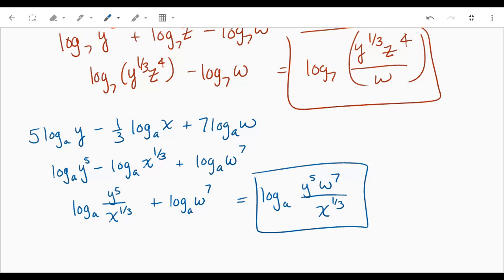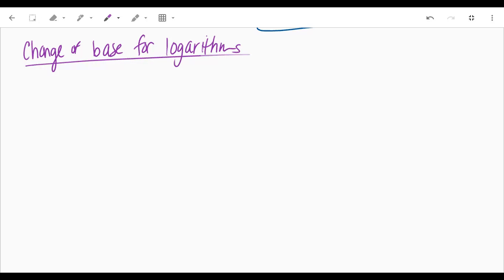Okay, and I think we got one more topic here. Change of base for logs. This is actually pretty straightforward, and you might remember it from Algebra 2. Okay, so change of base for logarithms. If you remember, if you have log base a of b, your calculator, depending on what type of calculator you have, only operates in base 10 or base e.